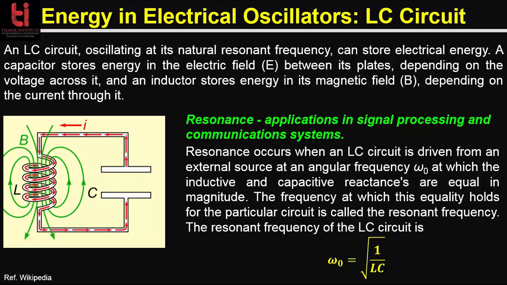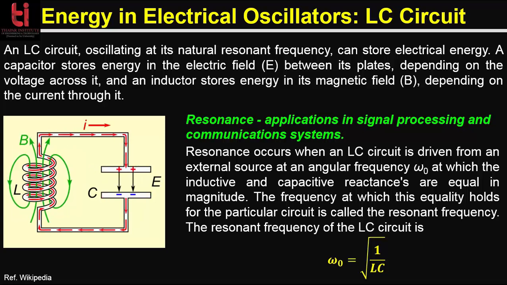And this resonant frequency of the LC circuit we can represent as omega 0, and this is equal to root over 1 by L into C, where L is the inductance in henries and C is the capacitance in farads, and the angular frequency omega 0 has units of radians per second. Nevertheless, if you want the equivalent frequency in units of hertz, it is simply omega 0 by 2 pi, and that is equal to 1 by 2 pi into root over L into C.